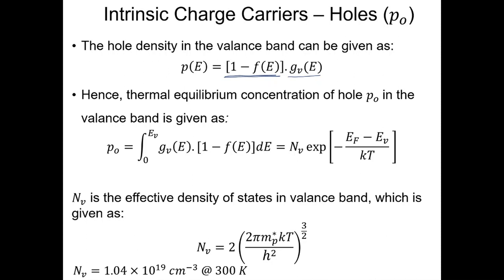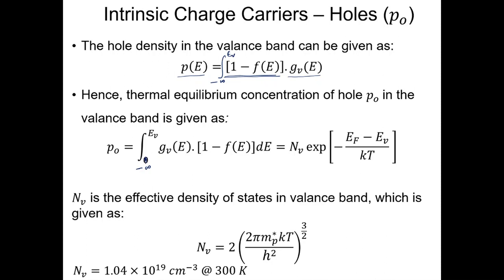The product gives you the hole concentration as a function of energy, and to find the total thermal equilibrium concentration of holes in the valence band, you have to take this integral. You please correct this: this integral is from minus infinity to the valence band edge.